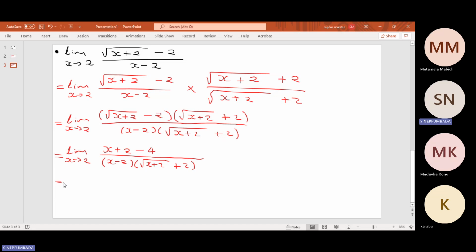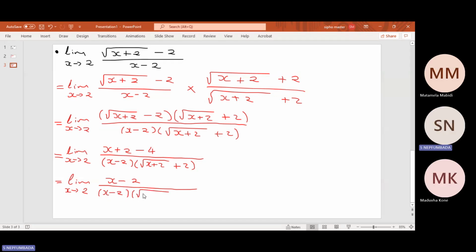Then when we group the like terms on the numerator, we're going to have the limit of x approaching 2 of x minus 2 divided by x minus 2 multiplied by the square root of x plus 2 plus 2. Then this one, we are going to cancel.